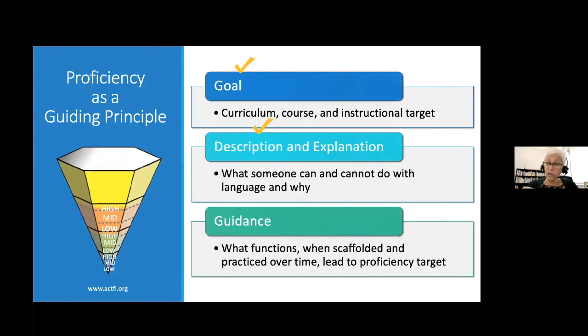And our proficiency guidelines and descriptors tell us what someone can and cannot do with language. So what I'm going to talk about now is why that is. Why is it that there are things our students can and cannot do? And what's some of the guidance that we can offer you on strategies you can implement to support your students' proficiency development?